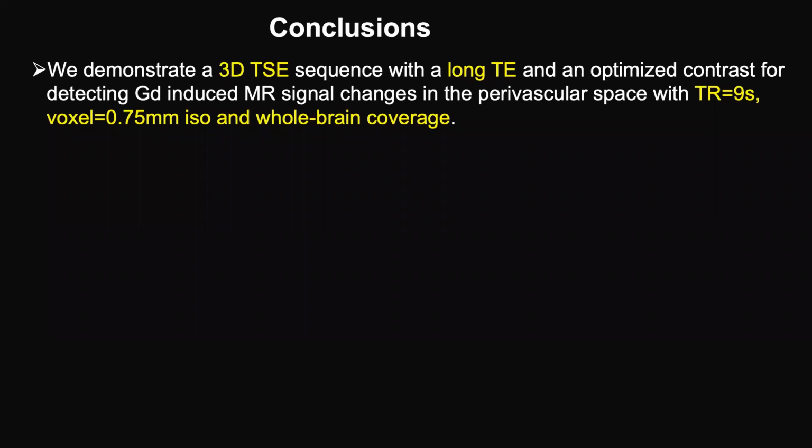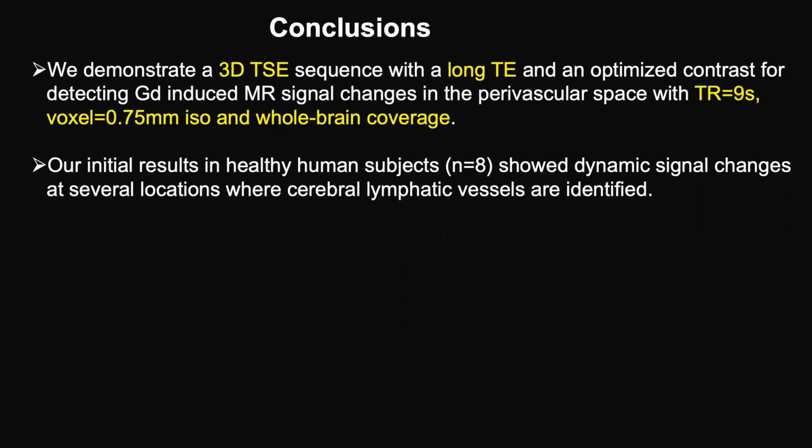For conclusion, we optimized a fast 3D TSE sequence for dynamic GAD-induced MRI change in perivascular space with temporal resolution equal to 9 seconds and spatial resolution equal to 0.75 millimeter isotropic for whole brain. Our initial results in human study demonstrate that our method could detect dynamic signal change after GAD injection in locations where cerebral lymphatic vessels are identified.